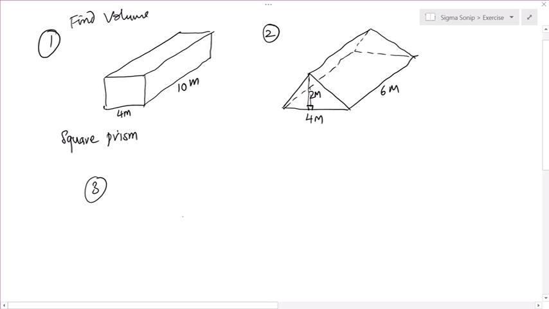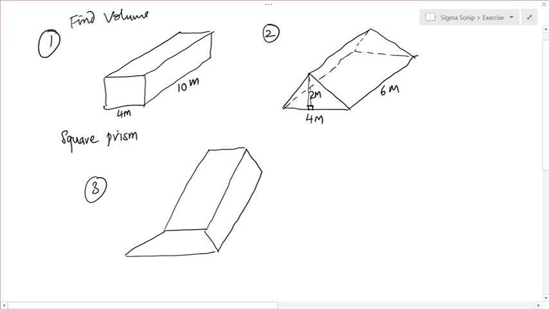Third one, I'll do a trapezium, so that we know what's happening here. And that's my trapezium.